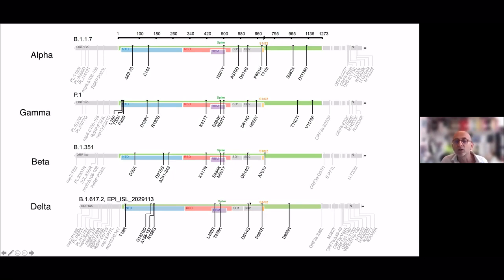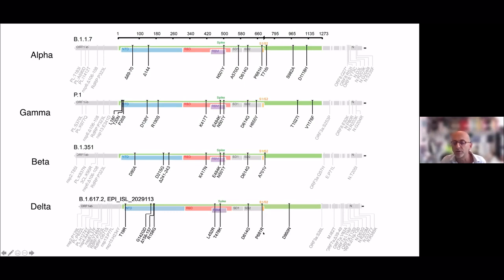The Delta variant doesn't carry the N501Y mutation, which is a famous mutation present in Alpha and which strongly enhances affinity to ACE2, but it carries the L452R mutation, which may enhance infectivity and also antibody escape.